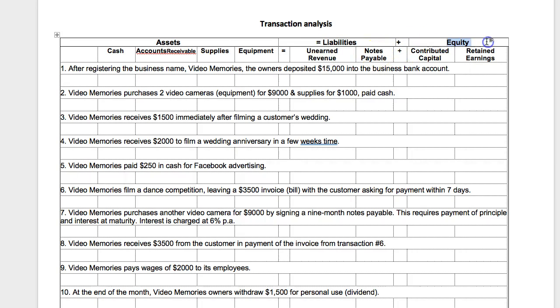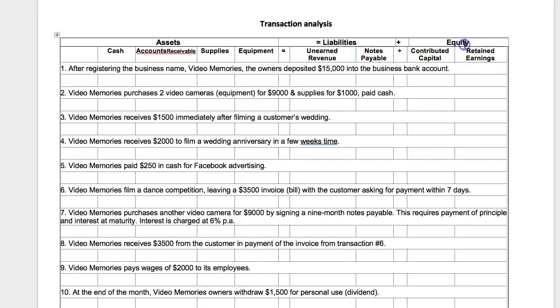And then I have equity, and there are 2 equity accounts, contributed capital and retained earnings. When we do this activity, please notice that the total of all of the assets must be equal to the total for the liabilities and equity. So our accounting equation must always balance.